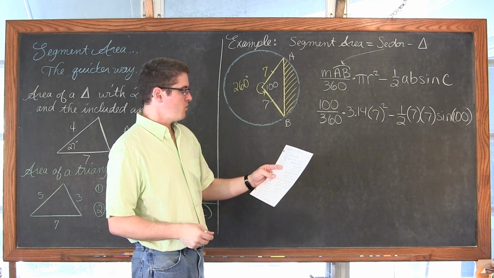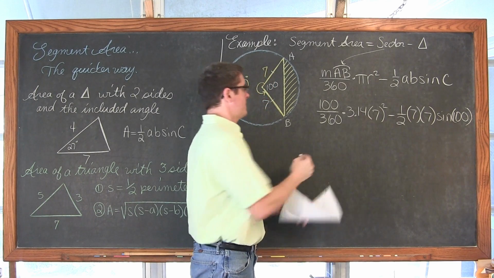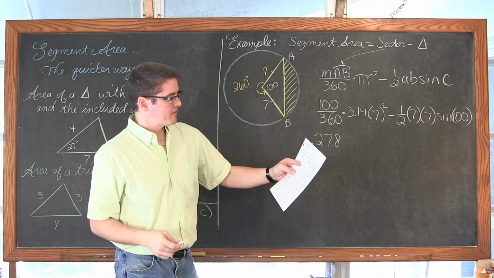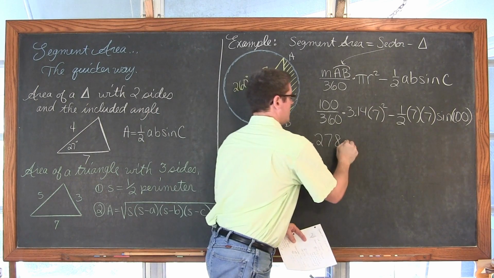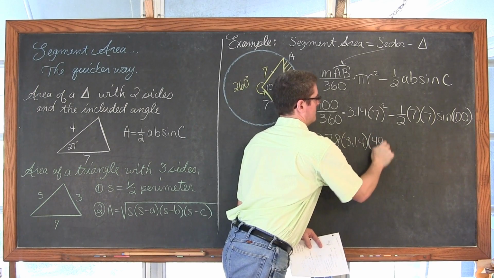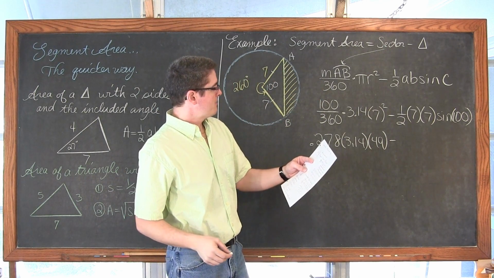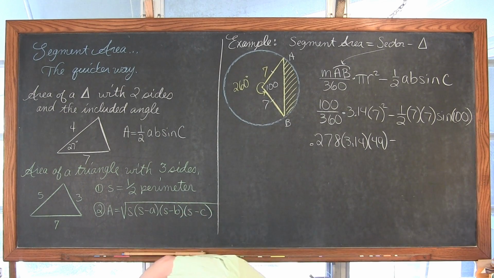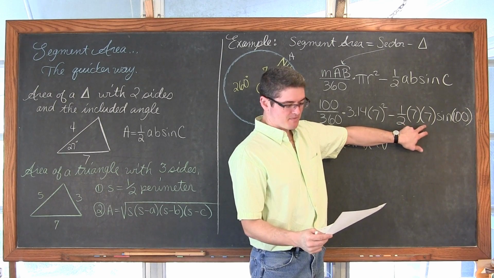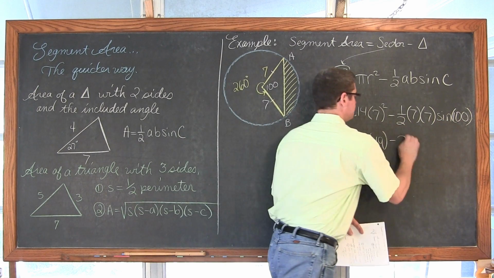But if we just want the answer, 100 divided by 360 is 0.278. We got 3.14, of course, times 49. Minus, I showed more steps here than I expected I would have. 1/2, whoops, 0.5 times 7 times 7 times the sine of 100 comes out to be 24.13.